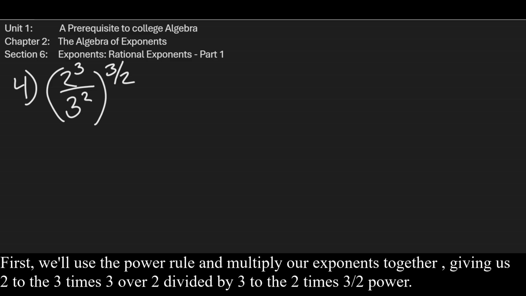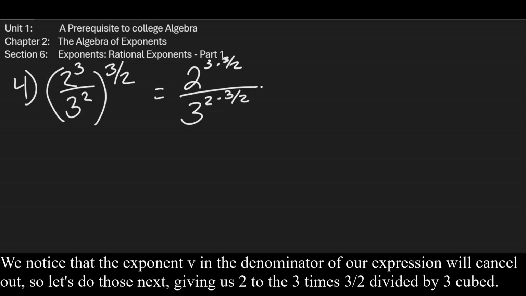First, we'll use the power rule and multiply our exponents together, giving us 2 to the 3 times 3 over 2 divided by 3 to the 2 times 3 over 2 power. We notice that the exponent and the denominator of our expression will cancel out. So let's do that next, giving us 2 to the 3 times 3 over 2 power divided by 3 cubed.